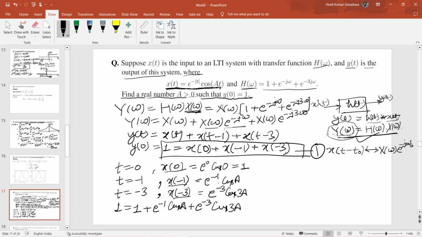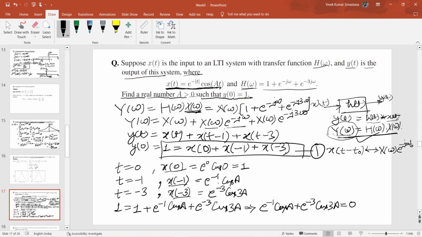Sorry, here this will be minus 1. From here this 1 will be cancelled, so the final equation that we get is e raised to the power minus 1 cos of a plus e raised to the power minus 3 cos of 3a is equal to 0.